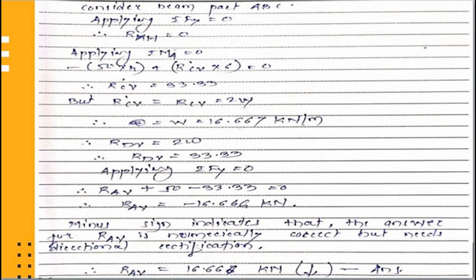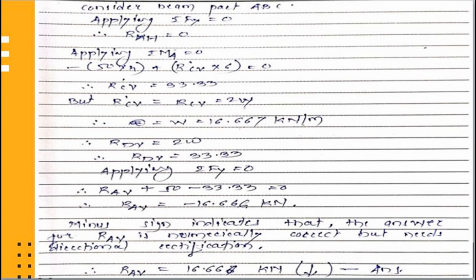Now consider beam part ABC. Since this beam is non-concurrent force system, therefore first of all applying summation Fx is equal to 0, we get RAH is equal to 0. Now taking moment about point A and equating it to 0, that is applying the condition of equilibrium.